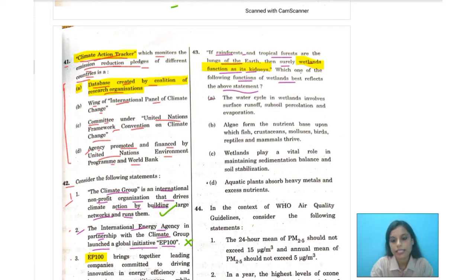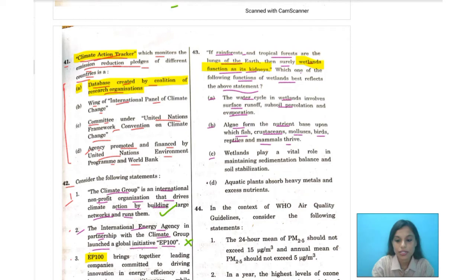Number A says the water cycle in wetlands involves surface runoff, subsoil percolation, and evaporation. Number B says algae form the nutrient base upon which fish, crustaceans, mollusks, birds, reptiles, and mammals thrive.